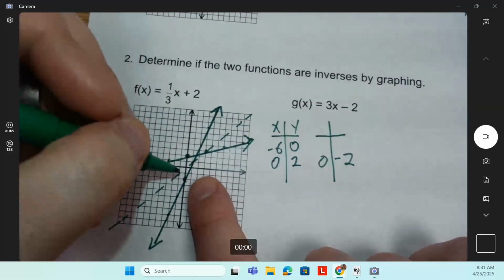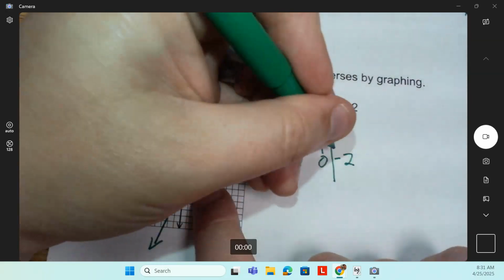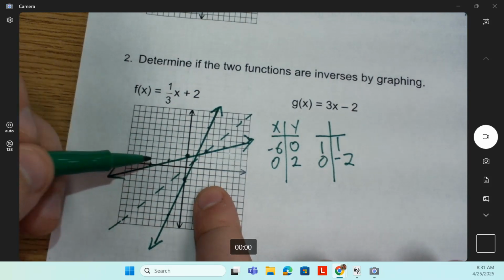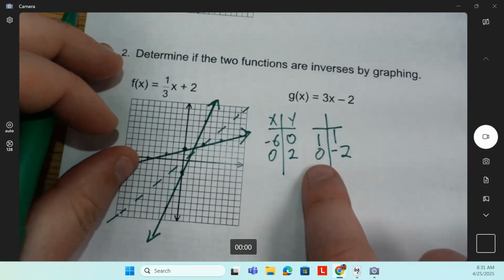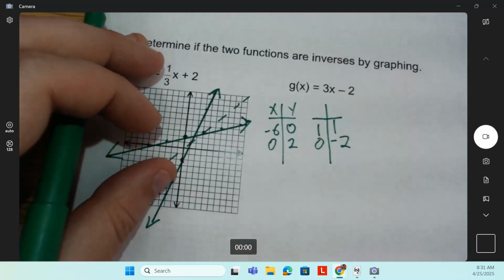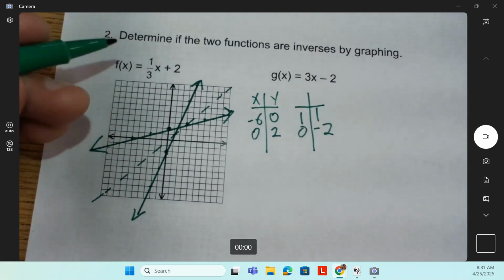And I don't really have a point there. I've got the point 1, 1, which means I should have a point 1, 1 here, but I don't. So I'm already looking for points that would be the reverse. Those are already not matching up. They don't intersect on the line.